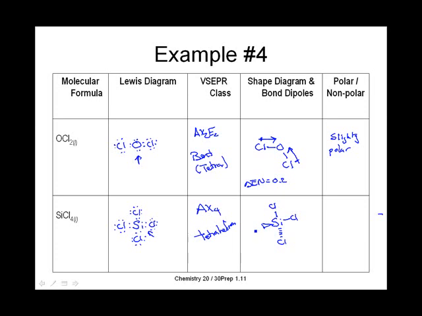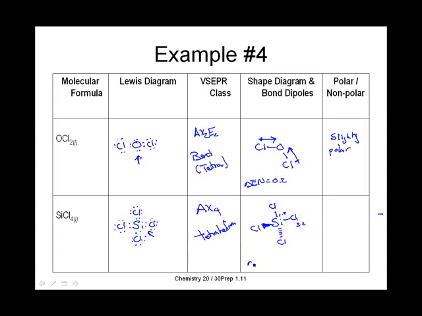So all of these bonds are pulling at 4 vertices of a tetrahedron. So even though they are very polar bonds, silicon only has an electronegativity of 1.9. Chlorines have an electronegativity of 3.2.